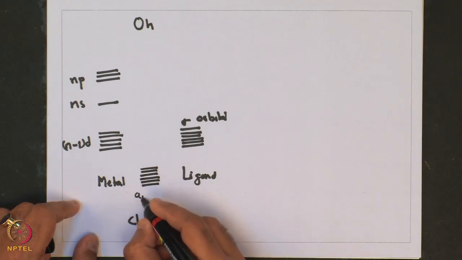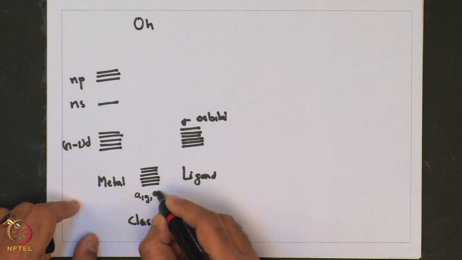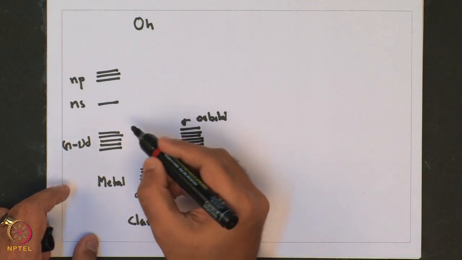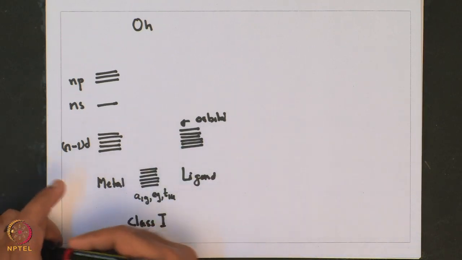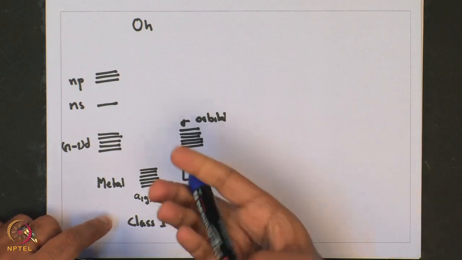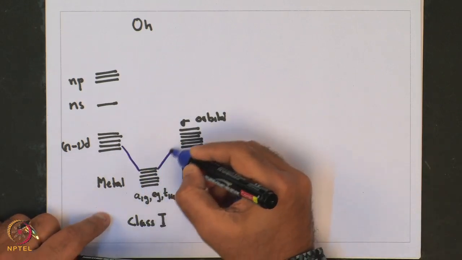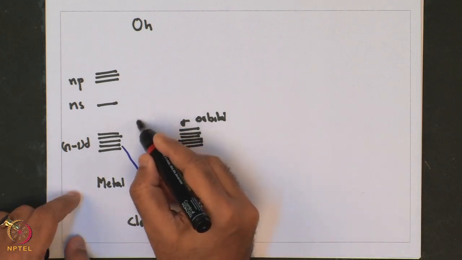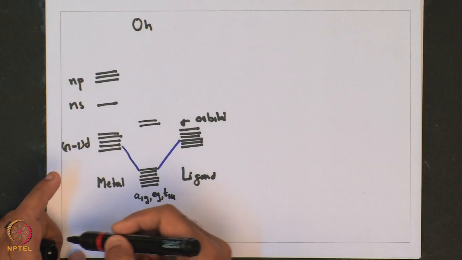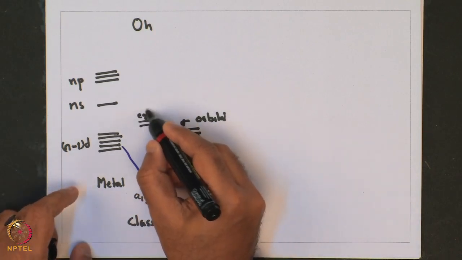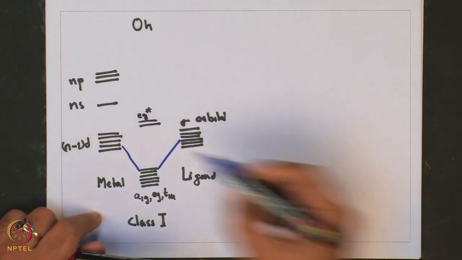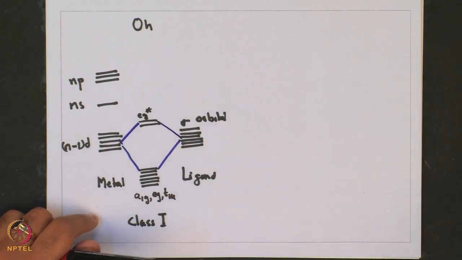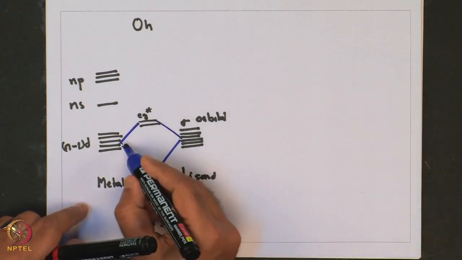These are A1g, Eg and T1u, giving rise to the two Eg star antibonding orbitals.